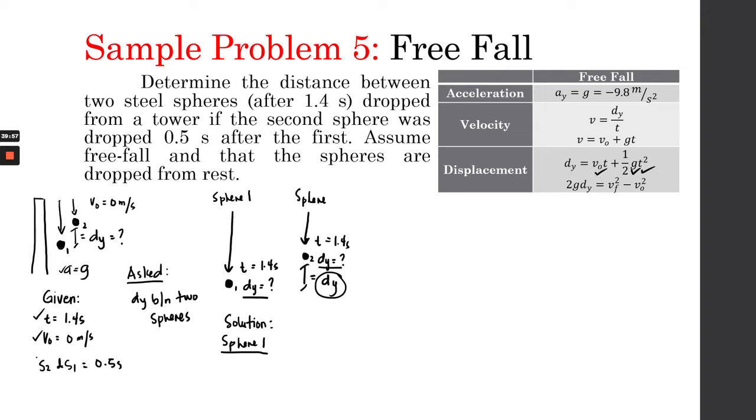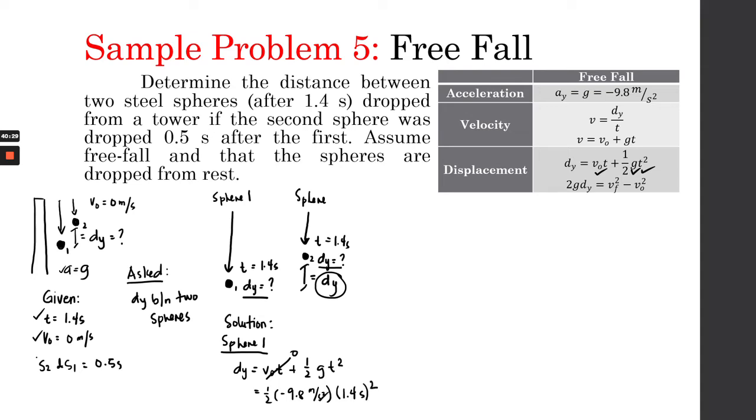Okay, so dy for sphere 1 is equal to the initial velocity multiplied by time plus 1/2 gt squared. The initial velocity would be 0, so let's remove that. That gives us 1/2 multiplied by negative 9.8 meters per second squared multiplied by 1.4 seconds squared.